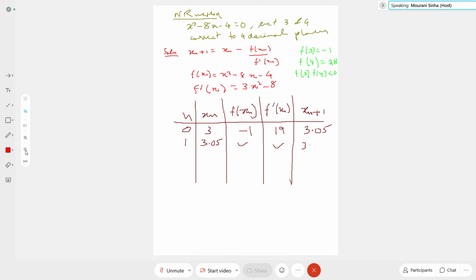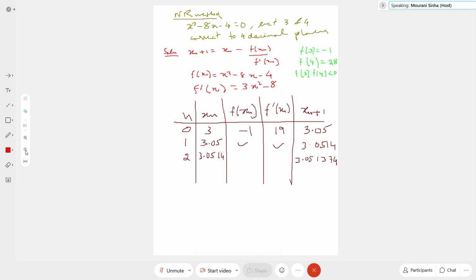So you should get 0.514 here from the formula. And in the next iteration, 3.0514 will come here. So since time is short, I'm just completing this for the time being. Here you will get 3.051374. You have to just put the values, nothing else.